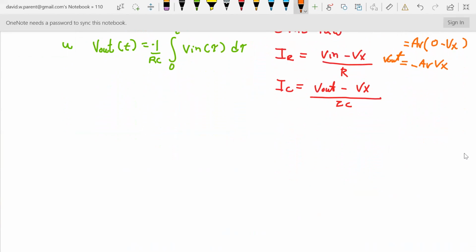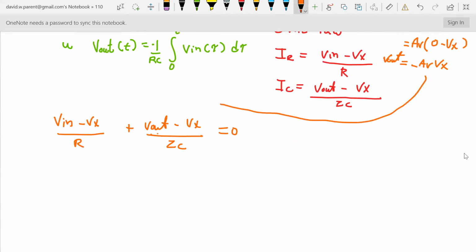So we have Vn minus Vx divided by R plus V out minus Vx divided by Zc equals 0. I'm going to substitute for the V out. And you might wonder why I want to do that first, but it actually will make sense later.